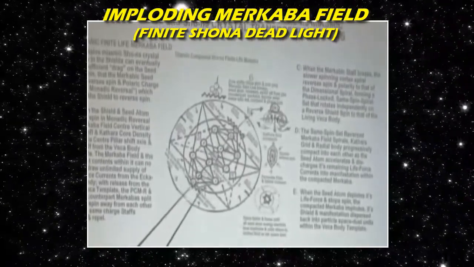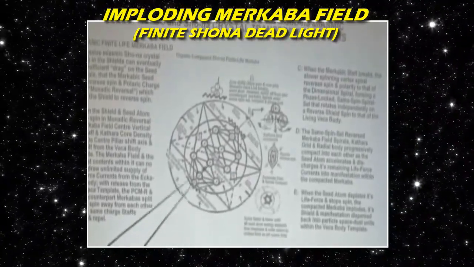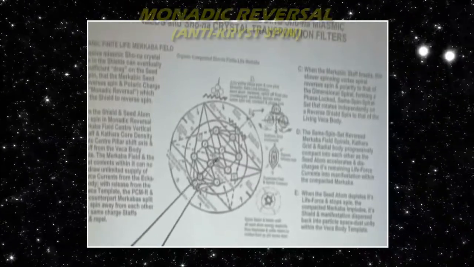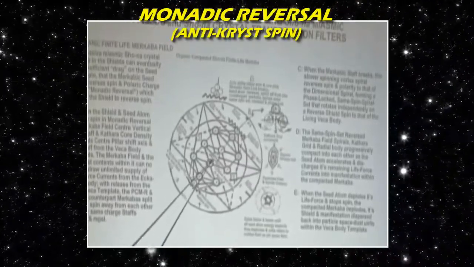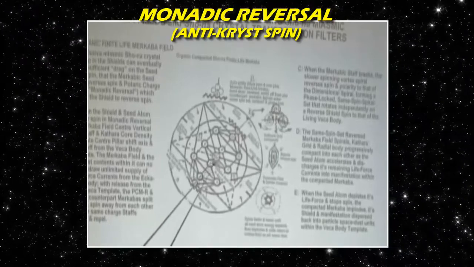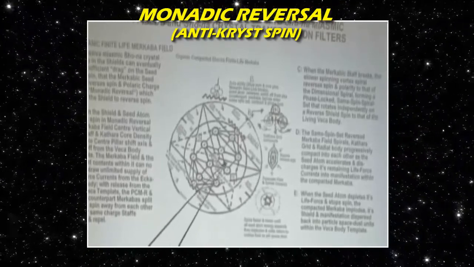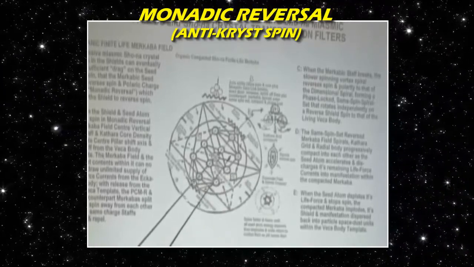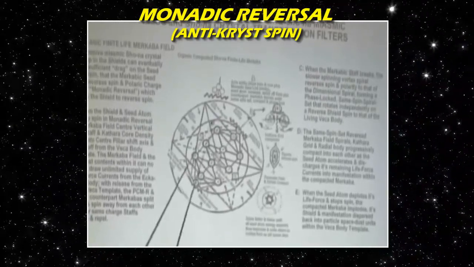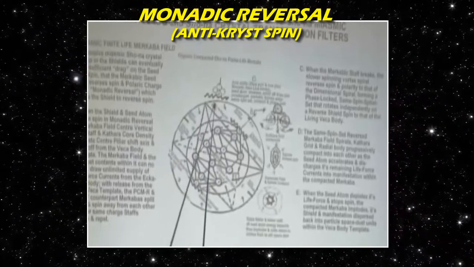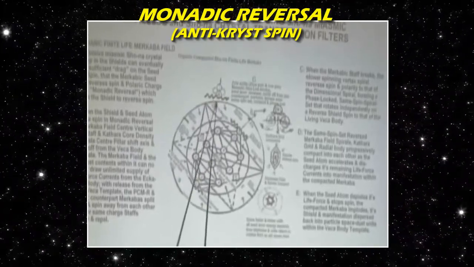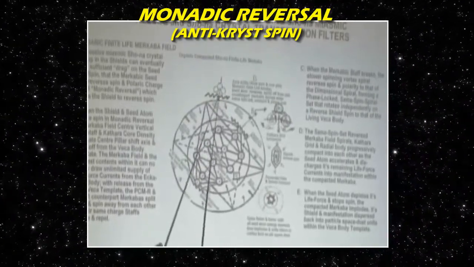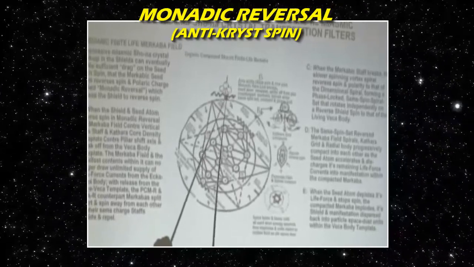the shield will progressively begin to spin slower until eventually you'll go through a condition called monadic reversal, which means the spin of your seed atom reverses spin. When it happens naturally, when it's not forced to happen and then made to do something else that it was never intended to do, what happens when a seed atom reverses under natural conditions is the staff breaks from the D12 between D11 and D12.